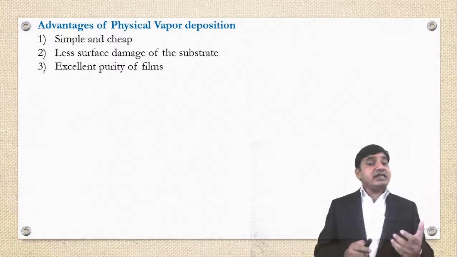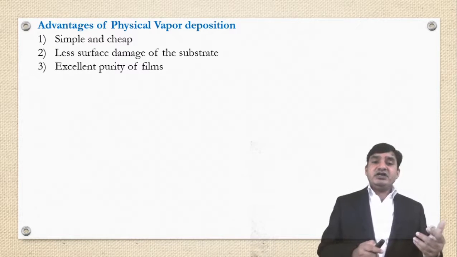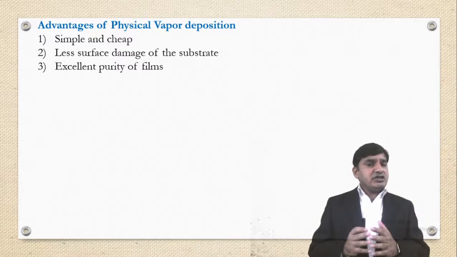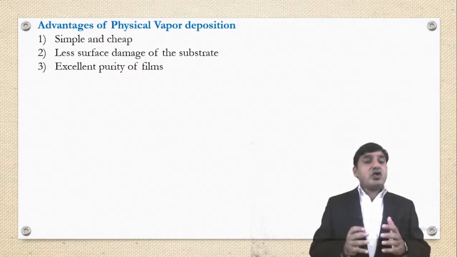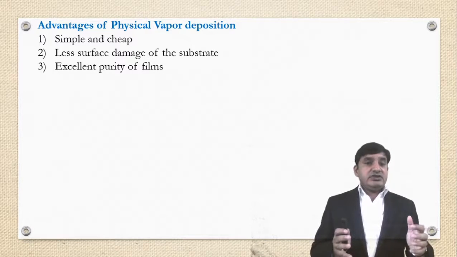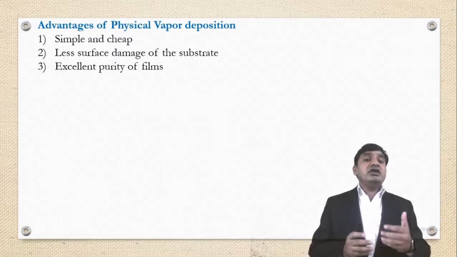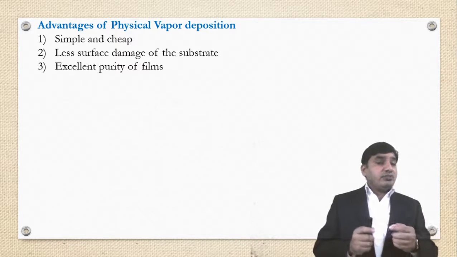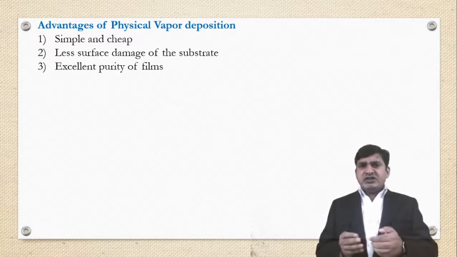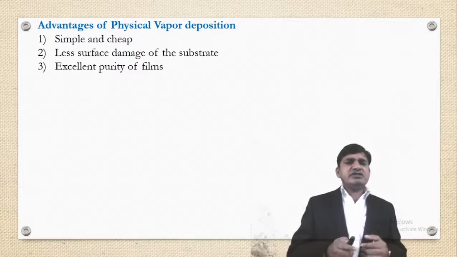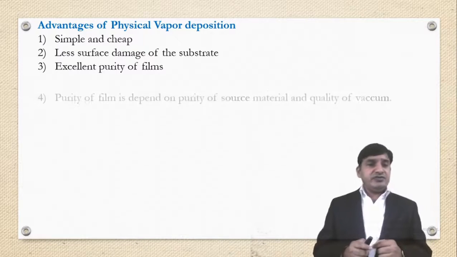Then there is excellent purity of the films. There is no contamination, this is an environmentally clean process in which impurity is not added from the surroundings, and therefore there is excellent purity of the films.